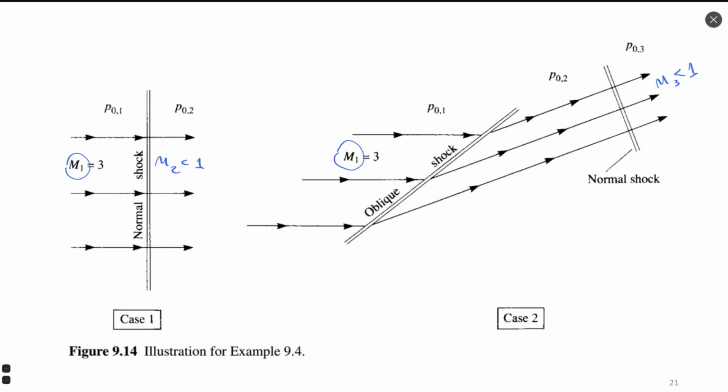First of all, I would like to calculate this efficiency for case 1 when we have entering Mach 1 equal to 3. And for this, I will just use appendix B from Anderson's book. Just a moment, I will open the appendix in this edition of Anderson. Let's see, and I will search for Mach 3 in this appendix.